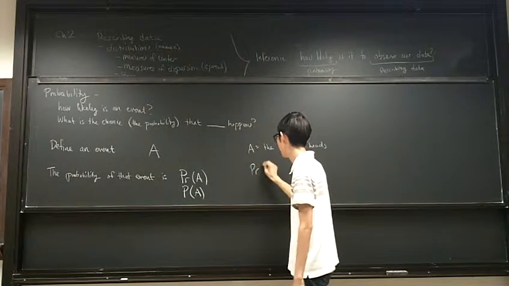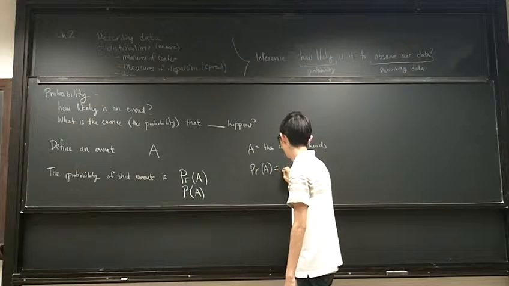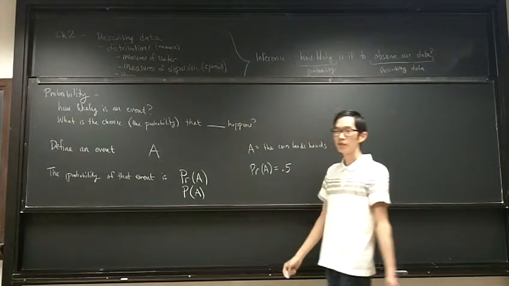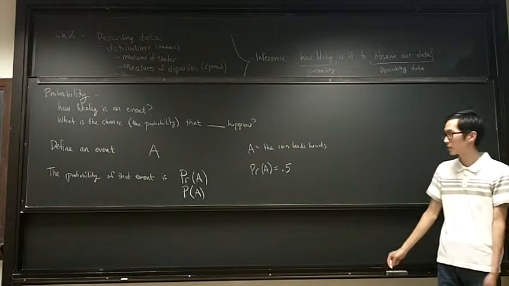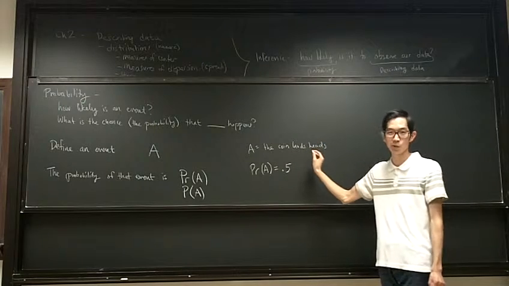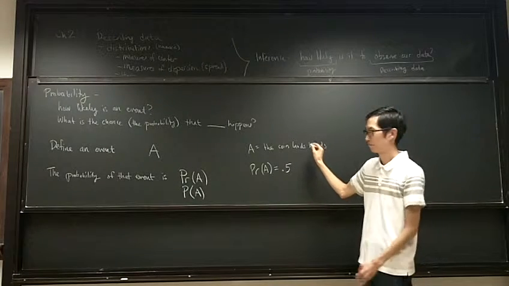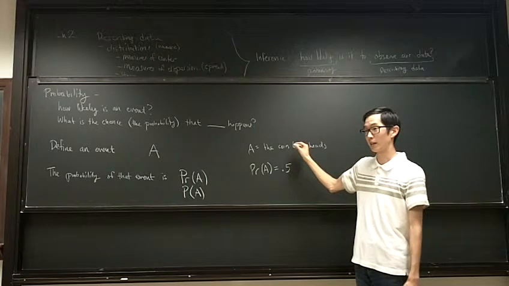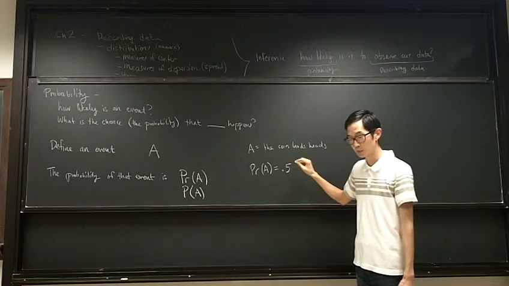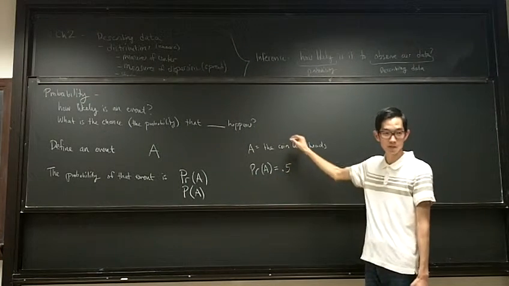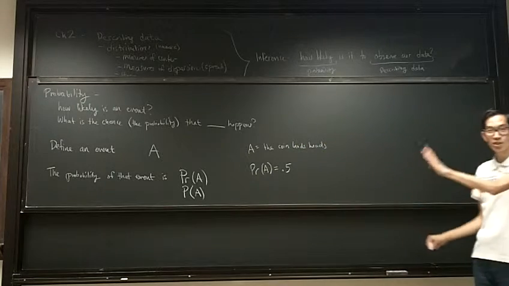Then the probability of A, if it's a fair coin, is 0.5. It doesn't make sense to say A equals 0.5. A is the coin lands heads. And the probability of A is 0.5. That's an important distinction.